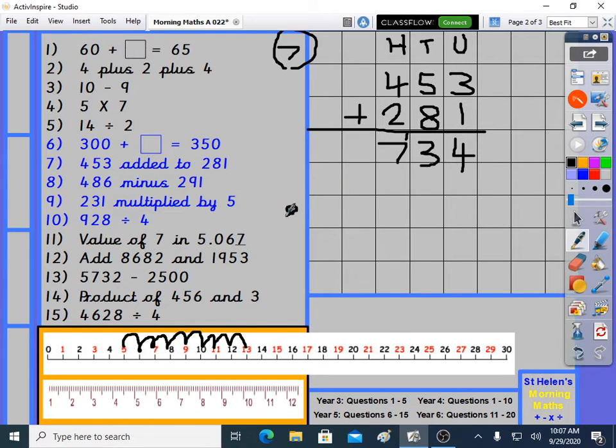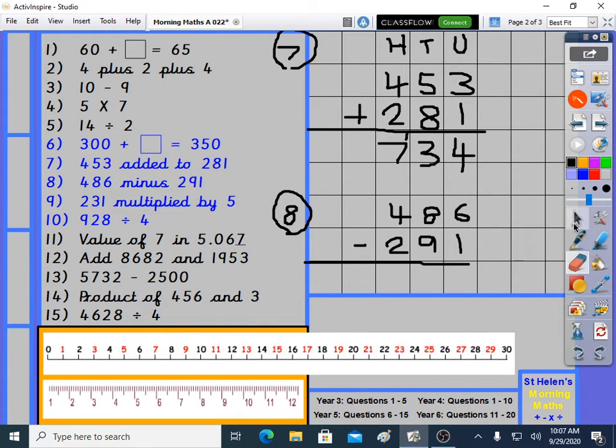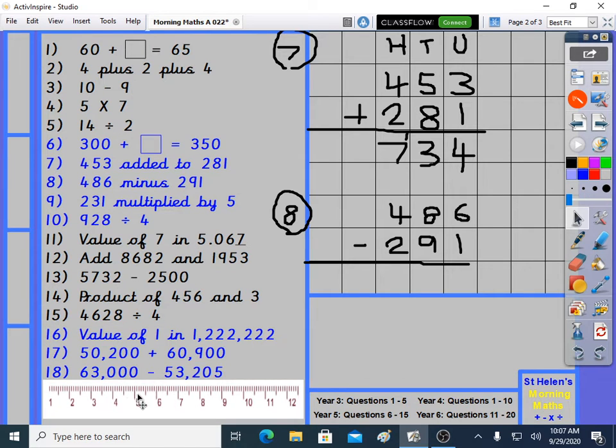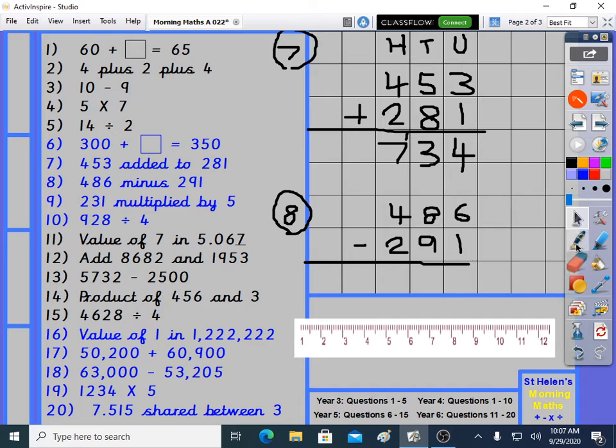Question 8. Our minus question. 486 take away 291. Let's just move this away actually. Keep this number line. Right, I'm on question 8 though.